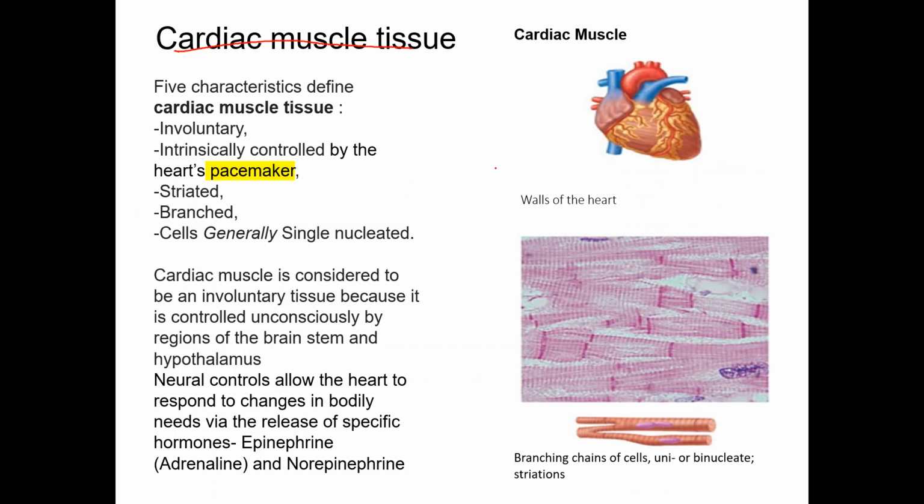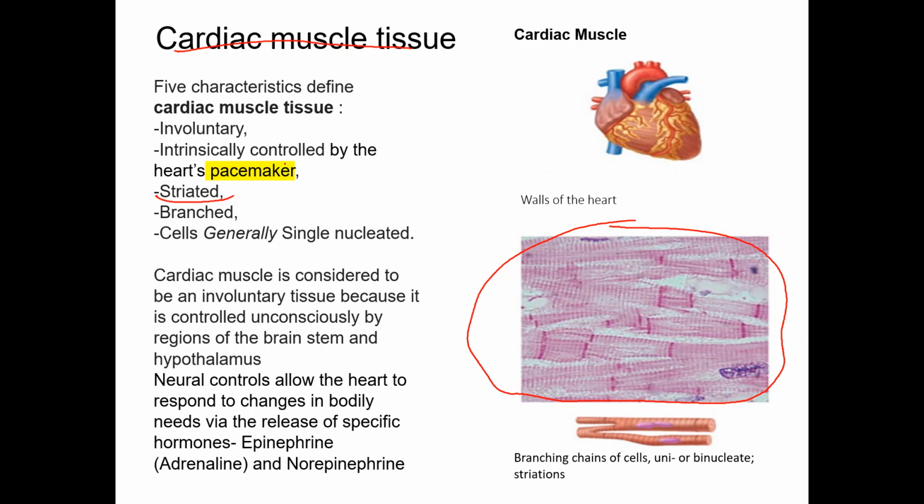I showed these slides in MP1, and we need to be acquainted with the histology of cardiac muscle tissue, which is similar but pretty different from skeletal muscle tissue. It's similar because it is striated, just like skeletal muscle.